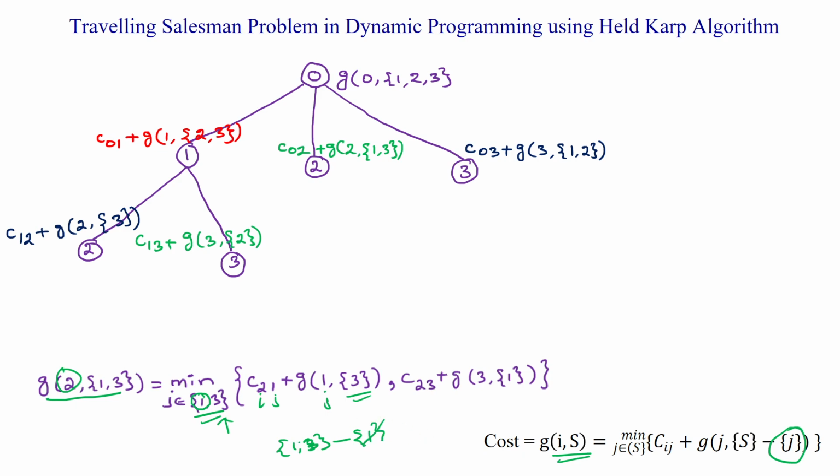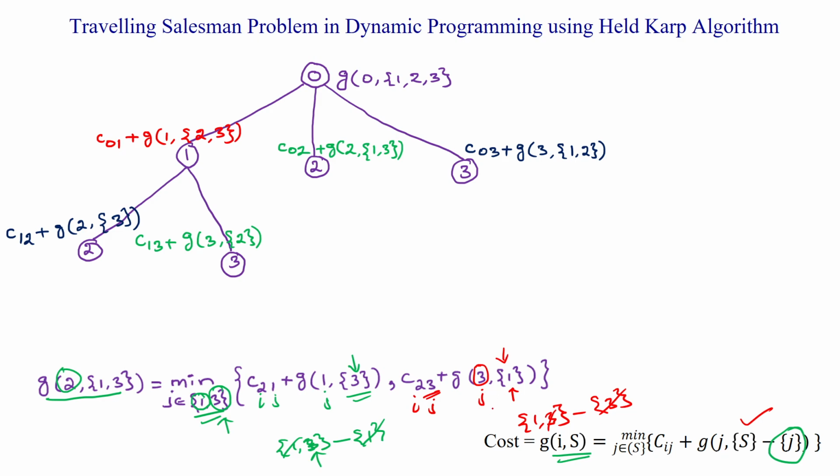When you subtract this 1, you get the remaining 3, so that is this 3. After that, the second value in the subset: now j is 3, so i is 2, j is 3, then g of 3. This one we got from the subset 1 comma 3 minus j value 3. So when you subtract 3, you get 1, that is this one, as per this formula.